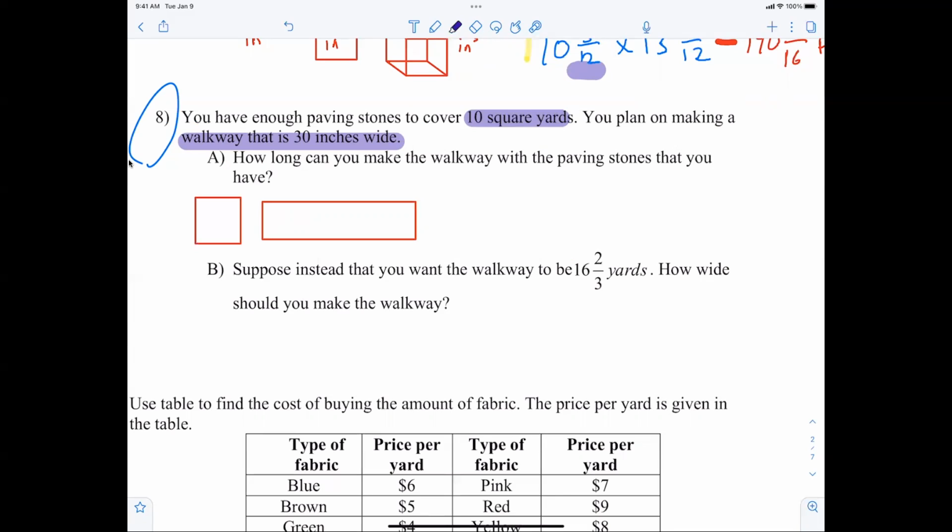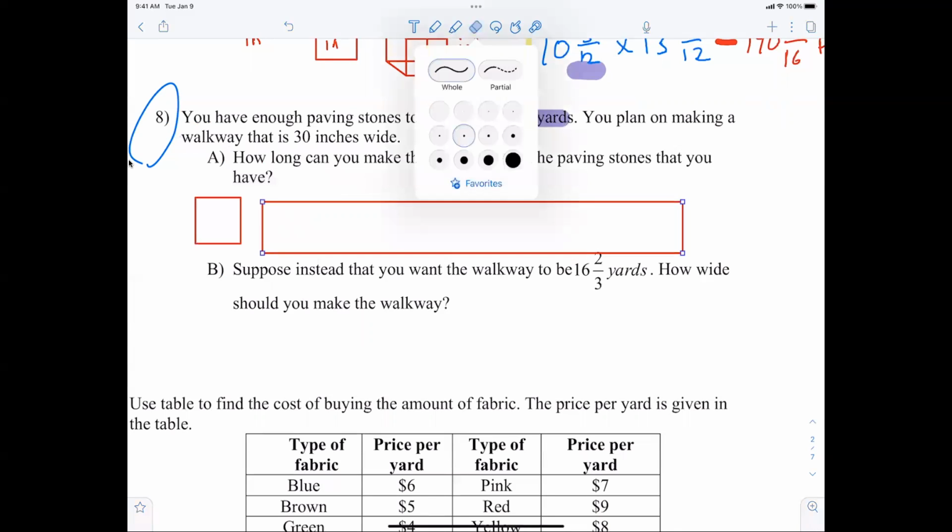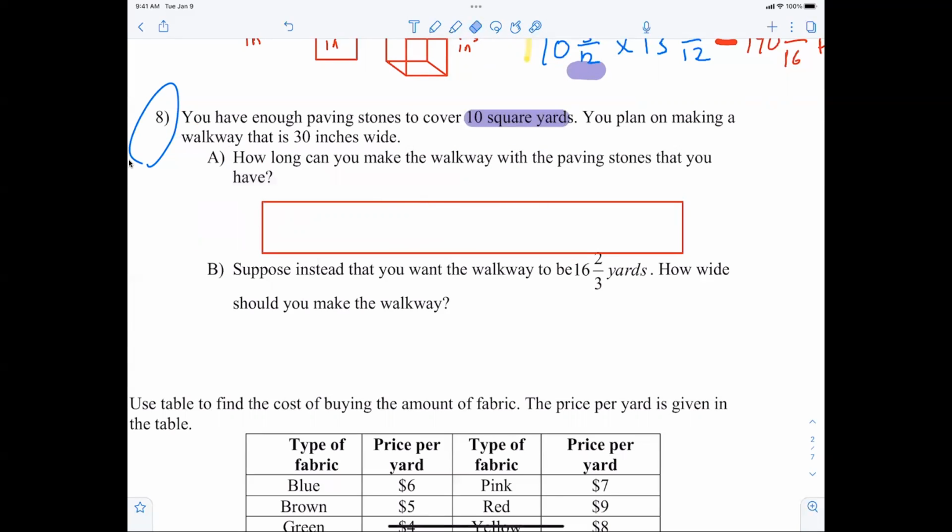Personally, I want to show you that it's easier for our unit to say our walkway, and this is going to be my walkway right here. And how wide is it? It's 30 inches. I want to know how long my walkway is going to be if I'm going to use all 10 square yards.